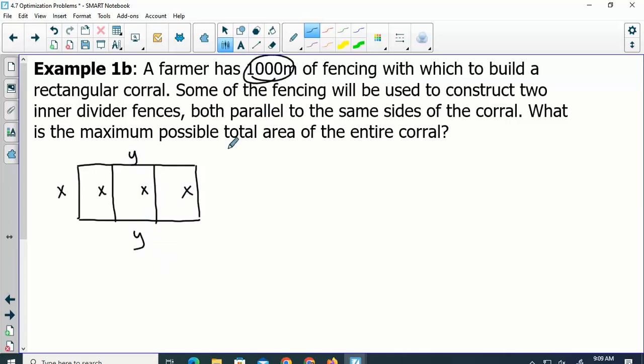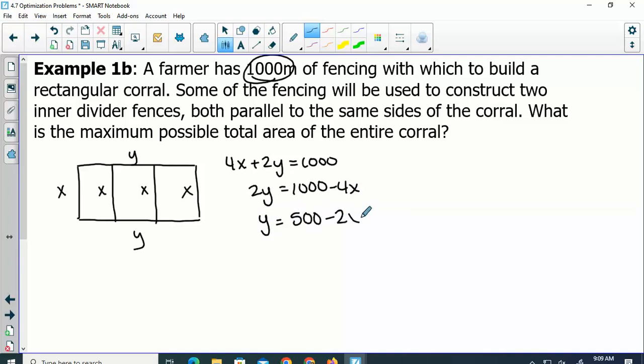We have 1,000 yards, so if we add those up, that means 4x plus 2y equals 1,000. So if we subtract our 4x, divide by 2. So instead of y, we are going to call it 500 minus 2x. Are we okay with that? So we want to maximize the area.